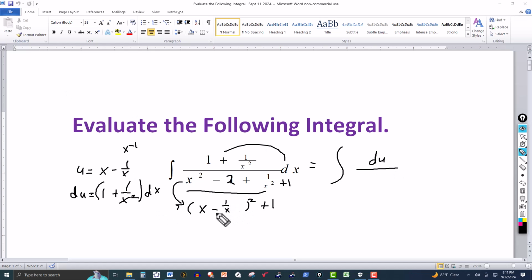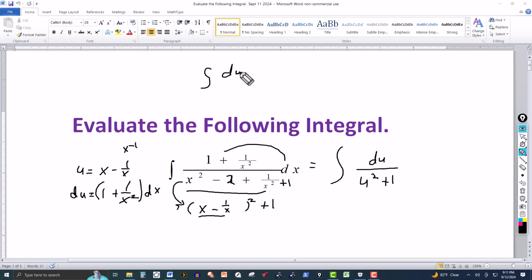I have (x minus 1 over x) quantity squared. But remember, this is your u, so this will be u squared plus 1.